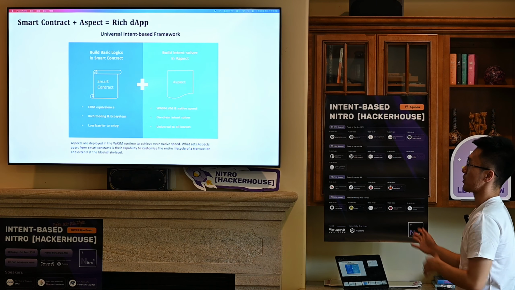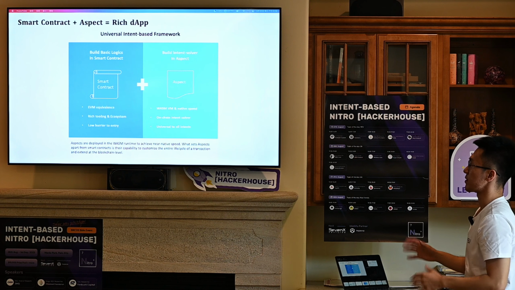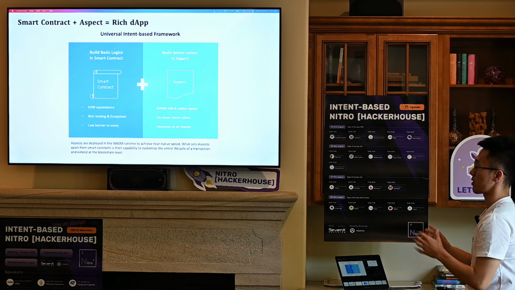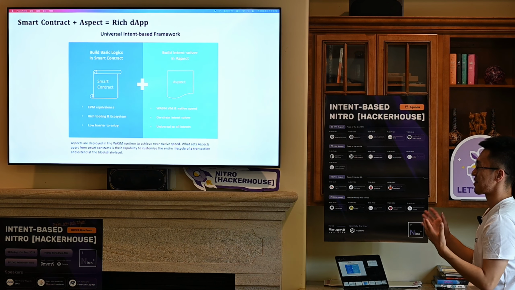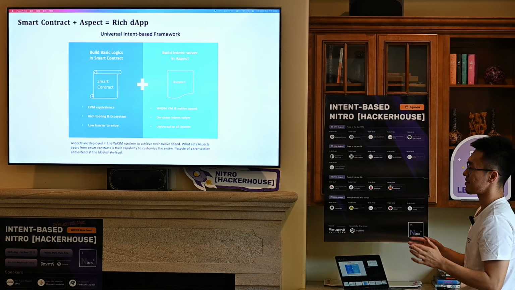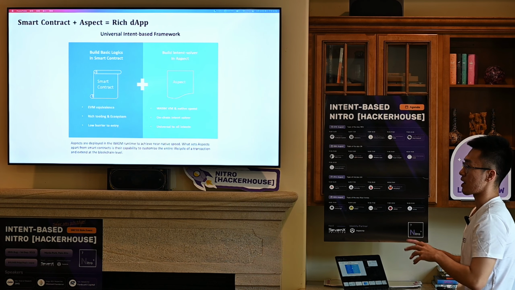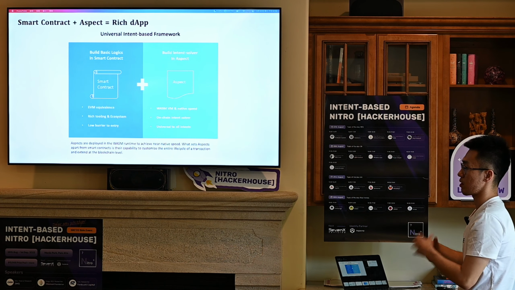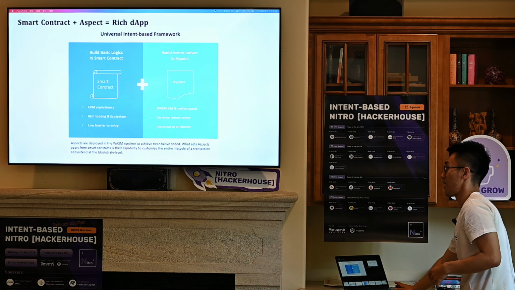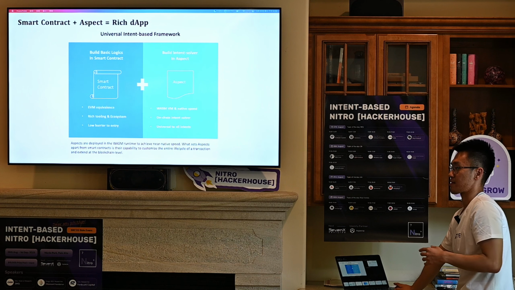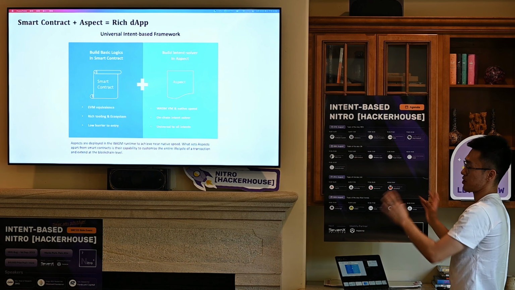But they can also build their on-chain intent solver in Aspect to build this intent-centric protocol and enjoy the native speed and high efficiency for the additional module. And it's universal for all types, because it's a universal framework.